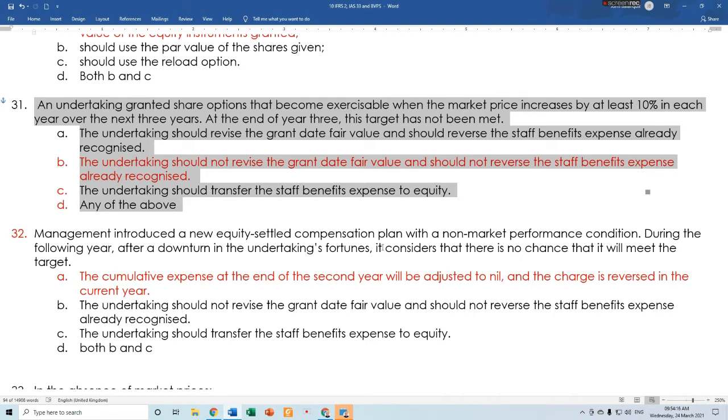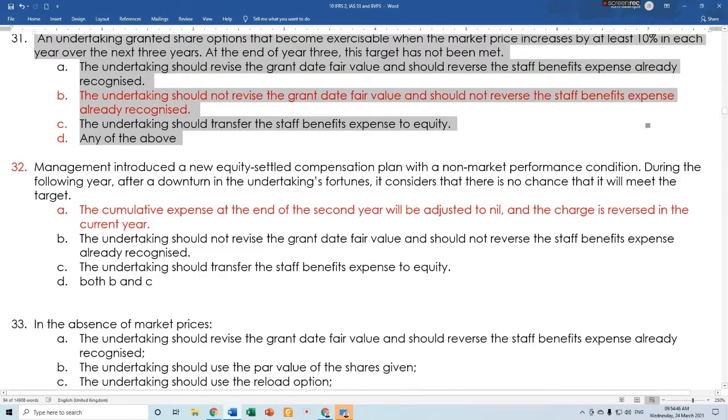Ang mangyari lang, after nung vesting period, kung ano lang yung na-entitle, yun na yung may exercise. Wala lang madadagdag. Yun yung concept niya. Yung na-earn na, hayaan mong gamitin ng mga entitled for that. Yun nga lang, hindi kasing laki as compared to kapag na-meet sana yung market condition.